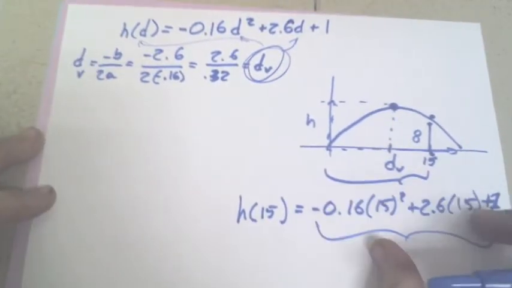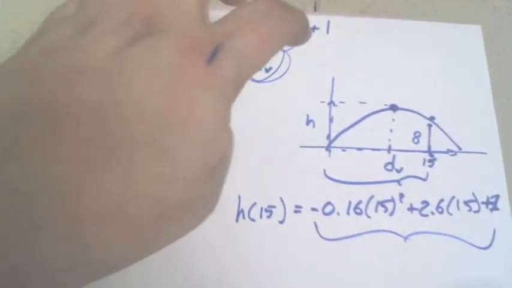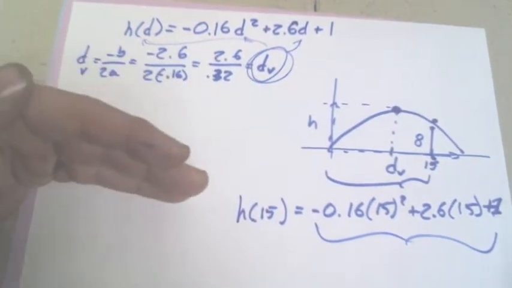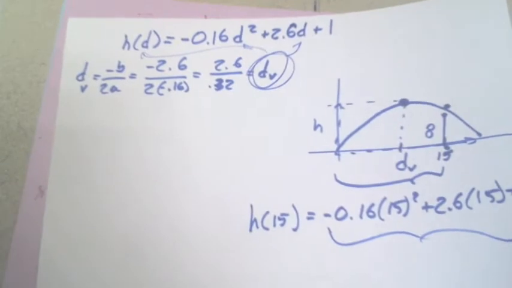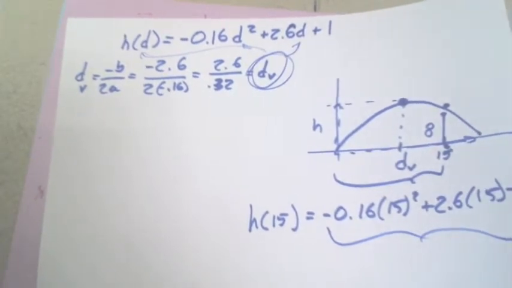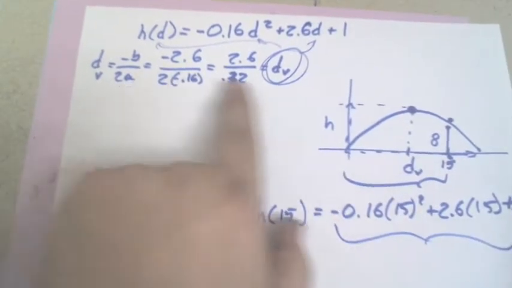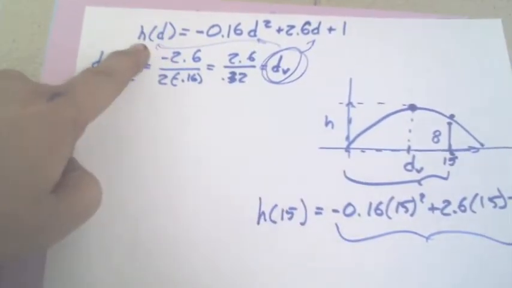Sometimes you'll be asked for particular values. Sometimes you'll be asked for maxes. Sometimes you'll be asked for where things zero out. You want to be able to approach all of those questions. And again, you can calculate this value out and put that in there. I'm just trying to help make sure your setups are good and solid.